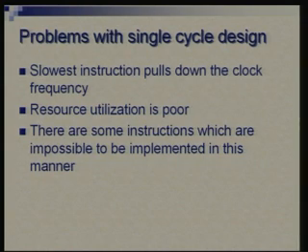For example, if there was an instruction which reads from memory and also has to write into memory, with the given constraint of a data memory with a single port and a single address, we can either do read or write, or in the best case read and write but from the same address.